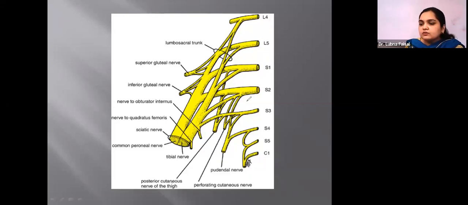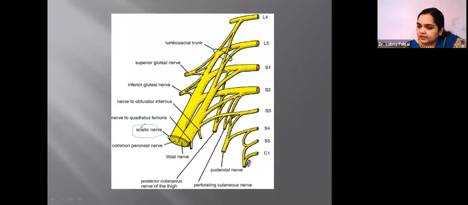Later on, it also gives a very important nerve of the lower limb, that is the sciatic nerve. When you recall your lumbosacral plexus, it also gives a nerve to the obturator internus and quadratus femoris, and here is the sciatic nerve. That sciatic nerve lies on the posterior pelvic wall and originates from the sacral plexus.